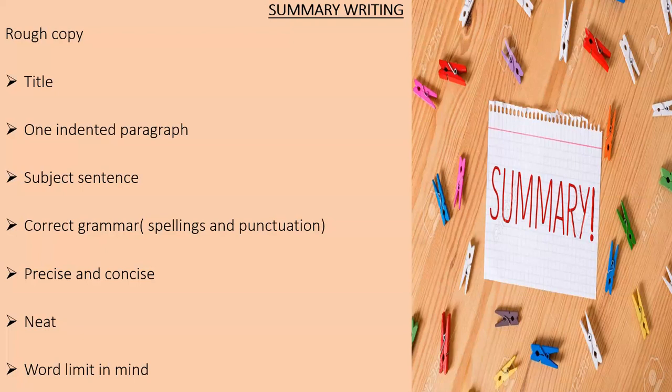And at the end of this slide, we see that the word limit has to be in mind. The use of correct grammar, we are going to elaborate using the example that we have. Then neatness, especially in the fair copy. We don't expect you to cross out in the fair copy because all the crossing would have been done in the rough copy. Then being precise and concise.